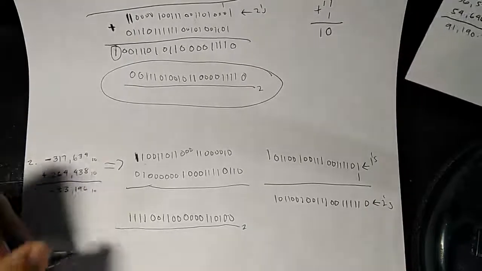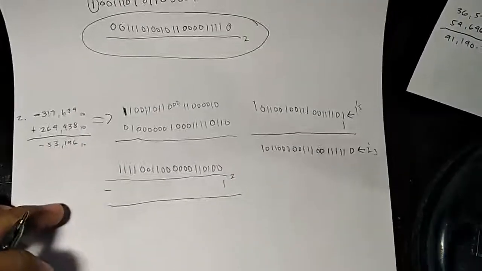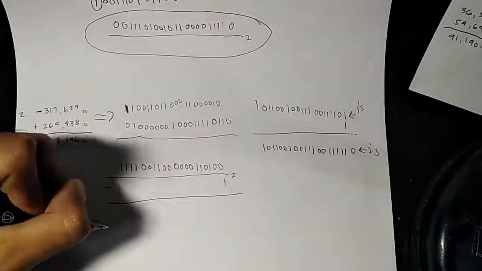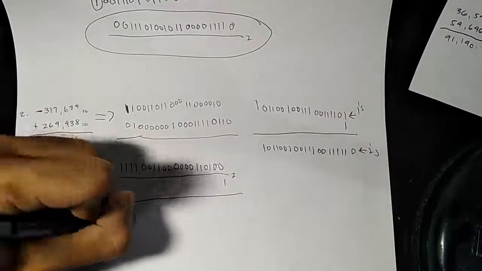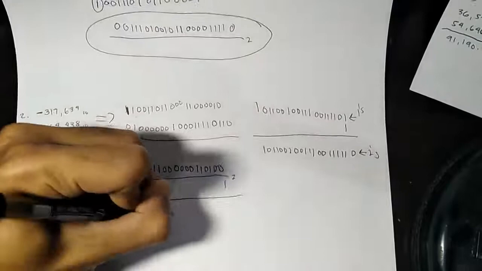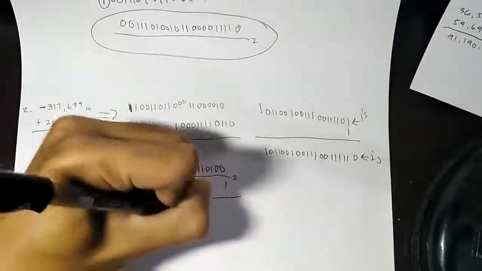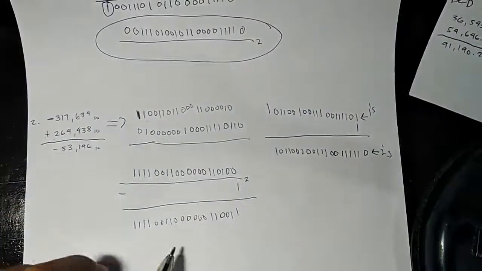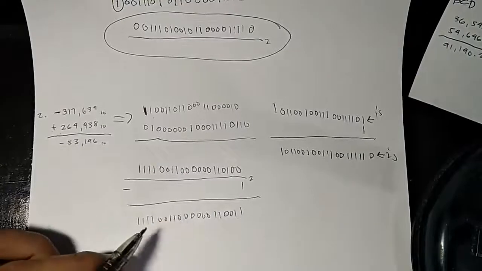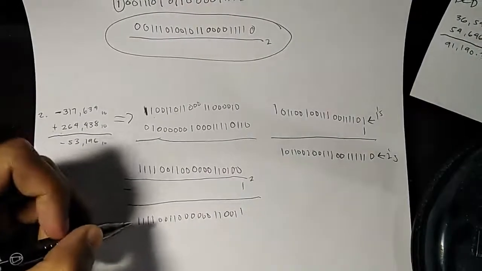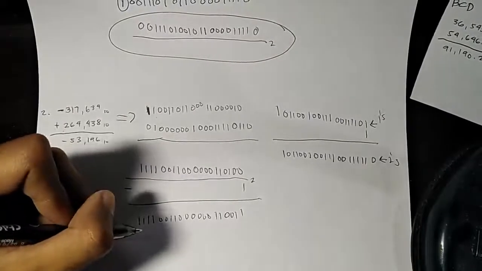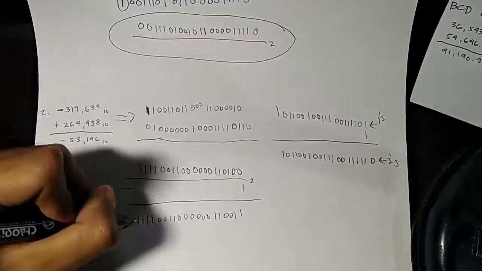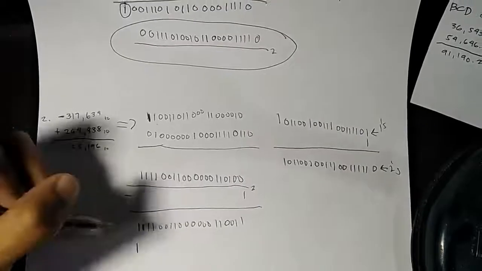So we'll minus 1, and the result will be like that. And then take the reverse of the 1's complement. Let the sign be 1 because it is the sign.